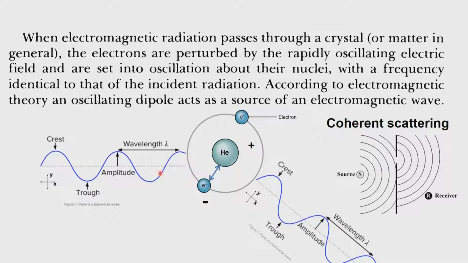So, when this wave comes and disturbs this atom, as we see here, it generates a rapidly oscillating electric field, because the wave which is coming in can be described in terms of an electric field, which is E naught cosine 2 pi nu t, taking only the real part, or E naught e to the power of 2 pi i nu t, which takes into account the complex nature of a wave.